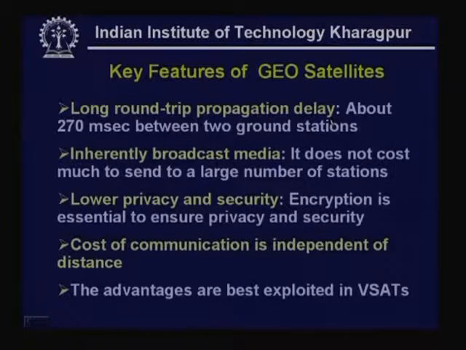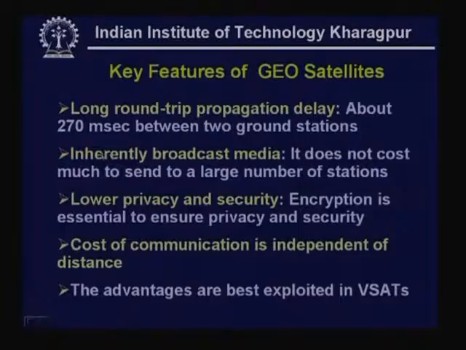As you know, the distance is about 36,000 kilometer, and even with the speed of light, that is, the electromagnetic radiation goes from the surface of earth to the satellite and comes back, and the speed is 3 into 10 to the power 8 meter per second. So, even with that speed, it takes about 270 millisecond between two ground stations. That means, the round trip delay is 270 milliseconds.